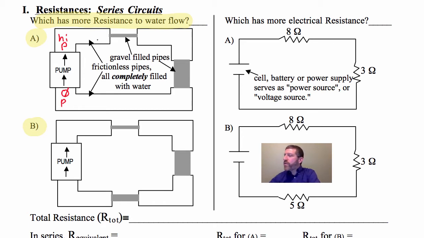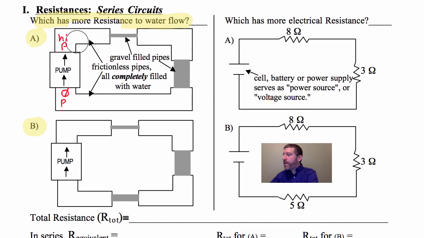And what we have are these pipes right here that are frictionless. This part right here is considered frictionless. They're very wide pipes, and we're going to say there's no friction whatsoever. These parts right there, though, are filled with gravel, and those do have significant friction. So I want to ask you, here are two situations.